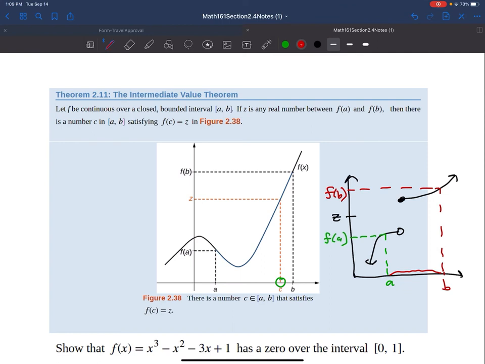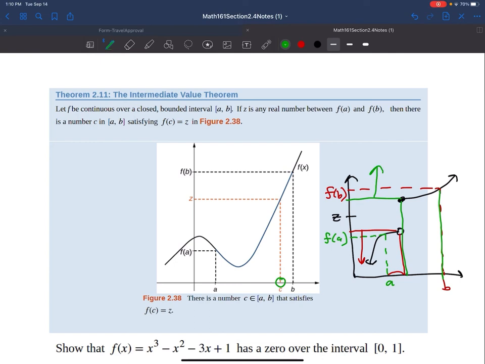The answer is no. Pretty much all these values map to things that are here and down, and all the values from here to here map to things that are here and up when we put them into the function.